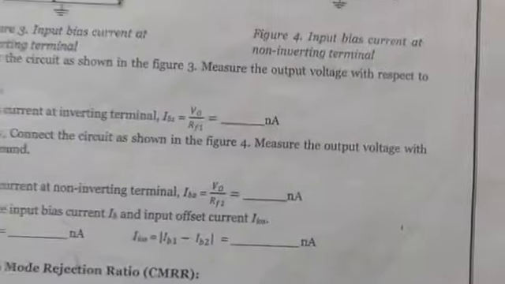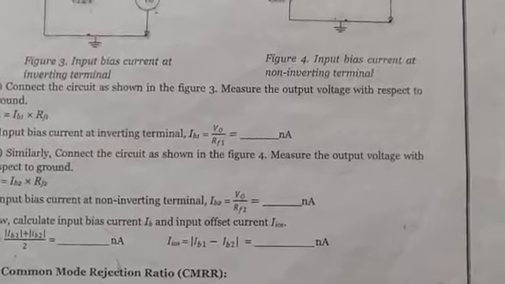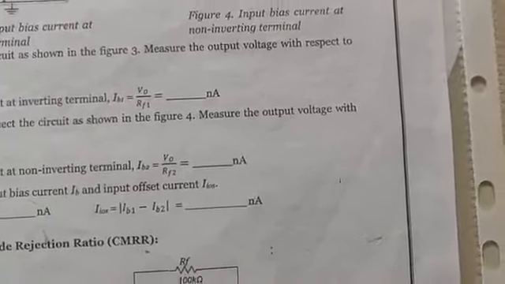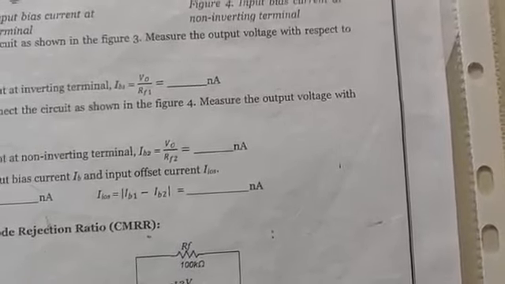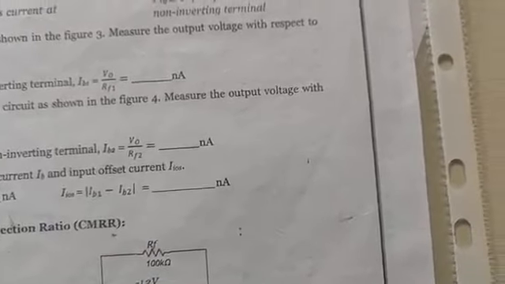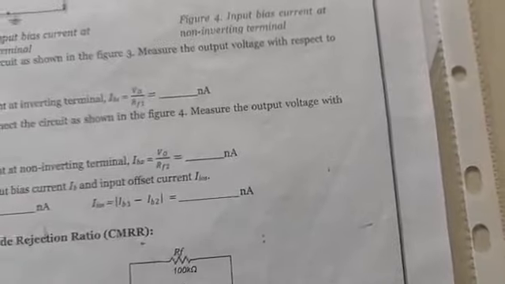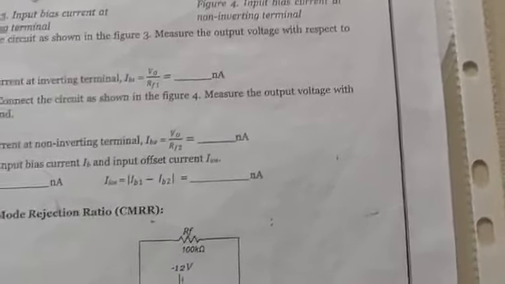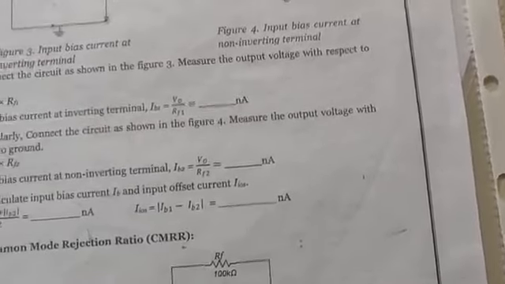Now we can utilize this formula. IB1 is equal to V0, which is 77 millivolt, divided by 2.2 mega ohms. Or if I take directly 2 mega ohms, that is approximately 35 nanoamperes or so.